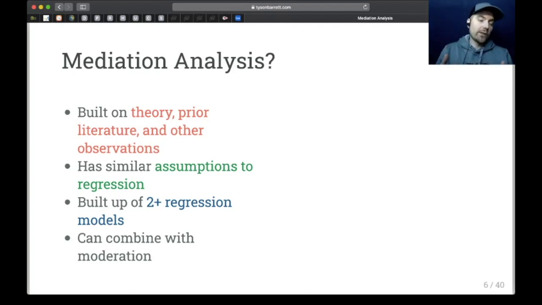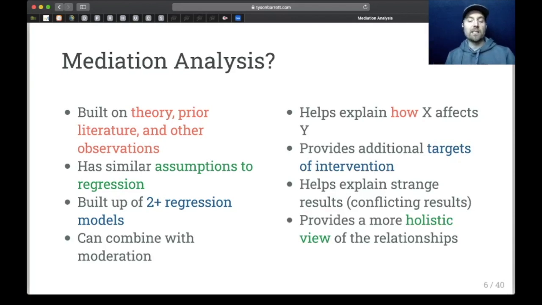We're just using it in a certain way that allows us to get more information. Mediation analysis actually can be combined with moderation. So you can have a mediated moderation model or a moderated mediation model. It can get really complex depending on what theory, the prior literature, and even expert judgment might suggest.